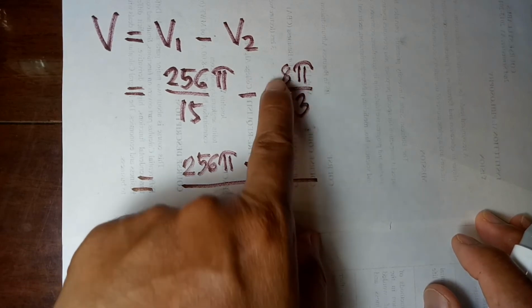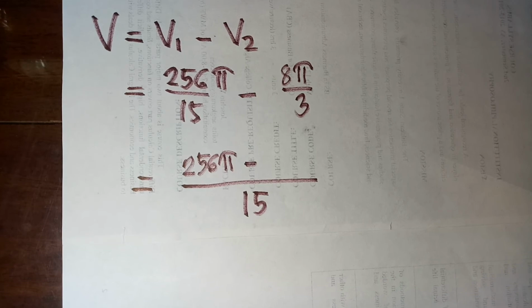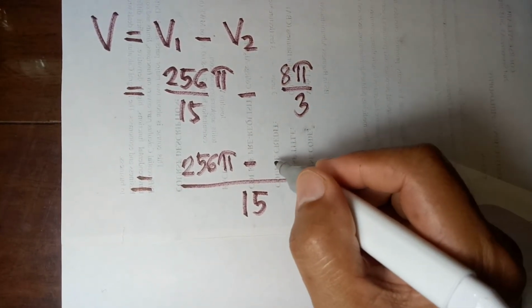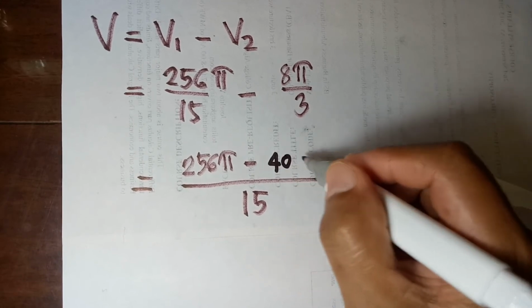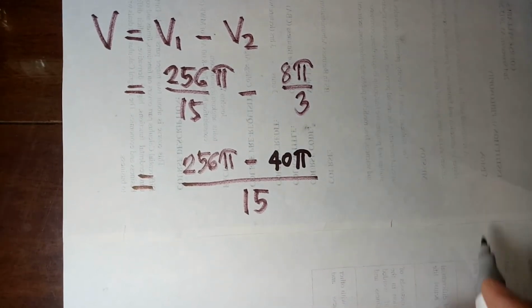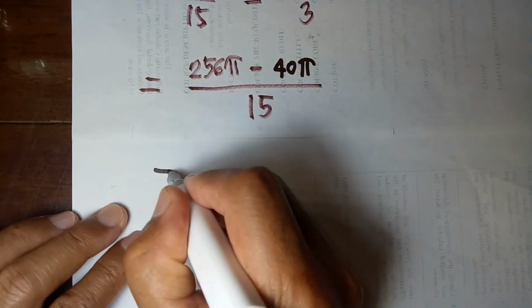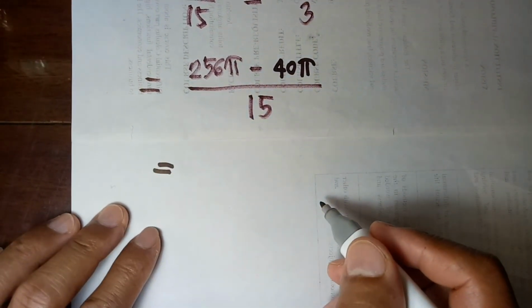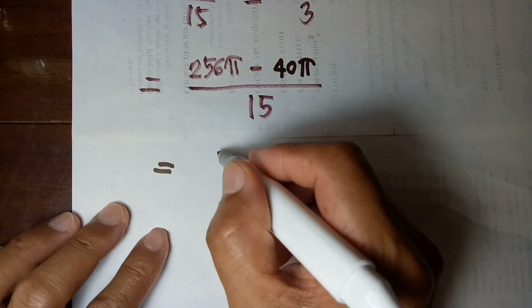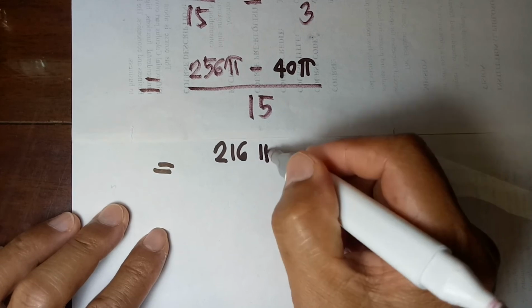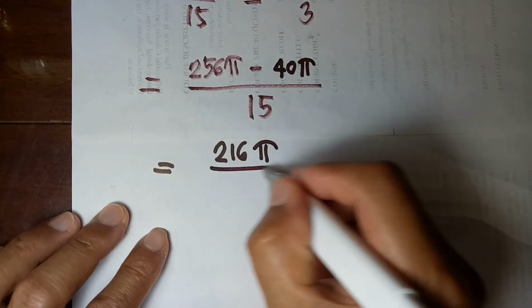Ano? 5 times 8. So magkakaroon tayo ng 40. No? 40 pi. So 40 pi. Ayan. So 256 pi minus 40 pi equals 216. No? So 216 pi over 15.